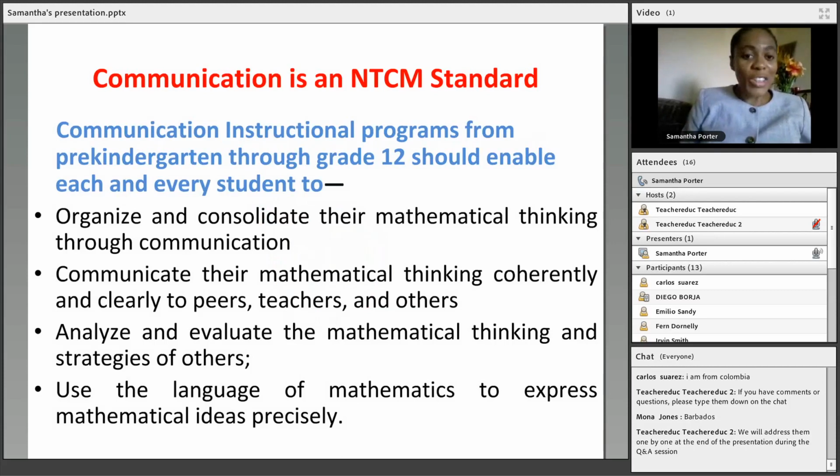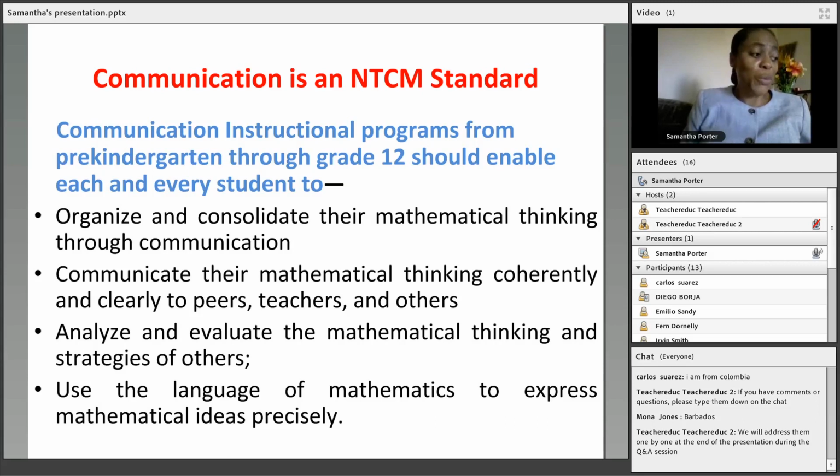Communication is also a standard in the National Council of Teachers of Mathematics. The NCTM has process standards that serve as catalysts for the continued improvement of mathematics education. One of the standards is communication, which implies that communication should be an integral part of the teaching and learning process.